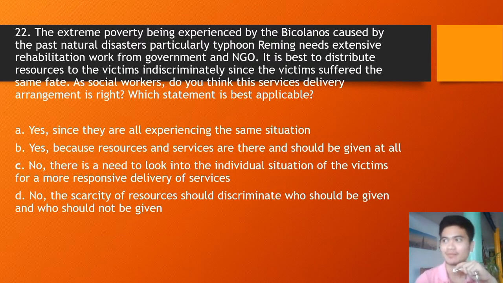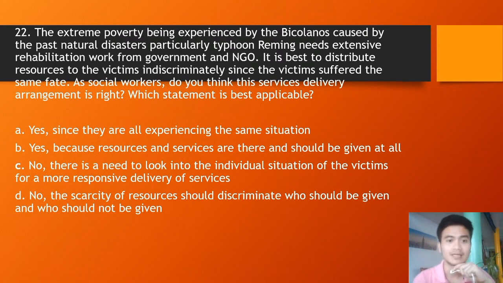In a community, when a disaster hits, not all individuals are vulnerable. Although there are some, for example, whose house is still standing because it is concrete, others have a makeshift house. So individualization is still applicable. Here the statement says it is best not to distribute individually.